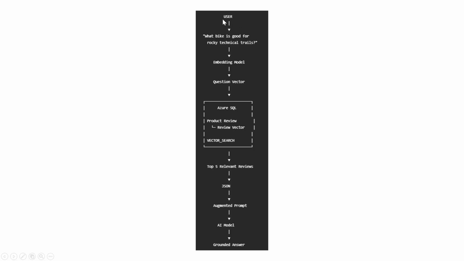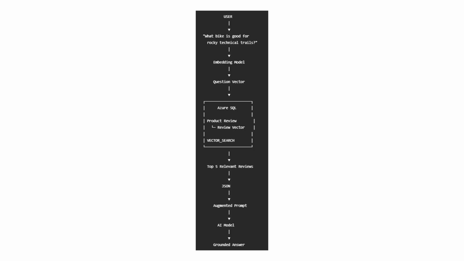I'm telling again: the user writes one question, for example, what bike is good for rocky technical trails, and you change this question into an embedding using the embedding model, then pass that question as a vector. Based on this question, we do the vector search in the product review table and find the top 5 or 10 records that are exactly meaningful to your question.